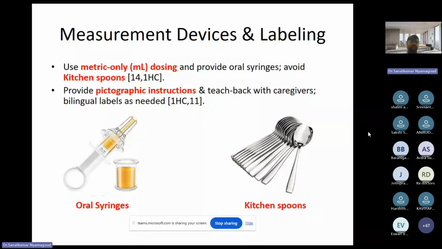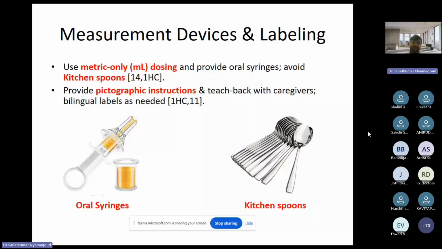Better, if you have oral syringes, you should calculate the actual quantity of the dose, then you can use the oral syringe. And better you also provide pictorial or pictographic instructions to caretakers or to the nursing staff whenever they are giving any drugs to the pediatric population. Also try to teach the nursing staff who are involved in the pediatric ward, so that they understand that dosing is one of the most common parameters in pediatric practice, and it is needed for drug administration.